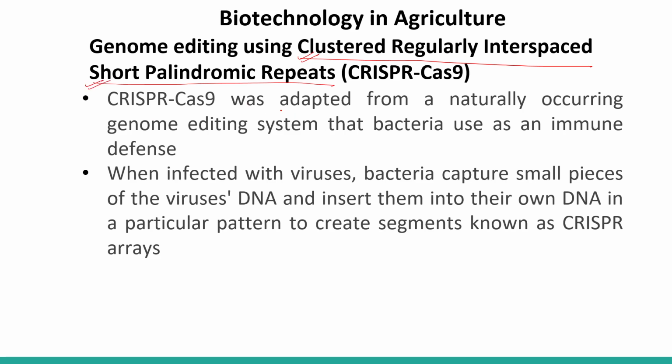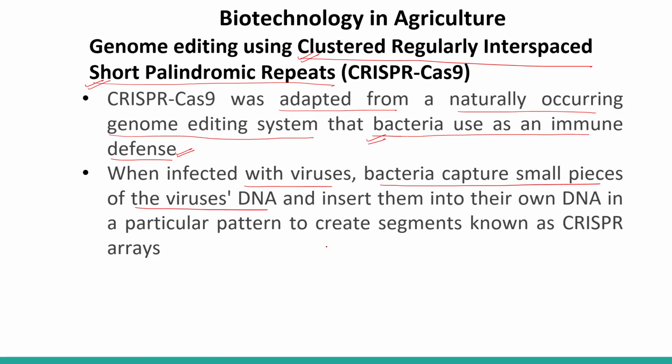CRISPR-Cas9 was adapted from a naturally occurring genome editing system that bacteria use as an immune defense. When the bacteria get infected with a virus, bacteria capture a small piece of virus DNA. Suppose this is a bacterium infected by a bacteriophage.